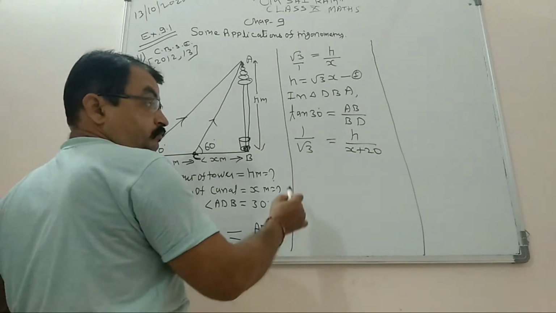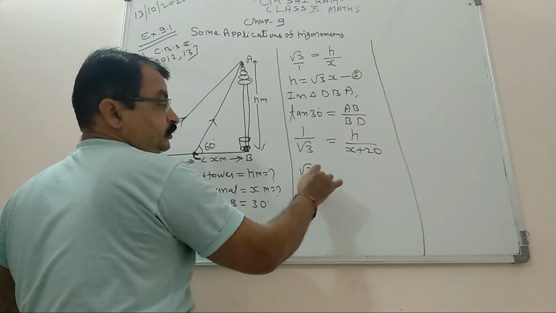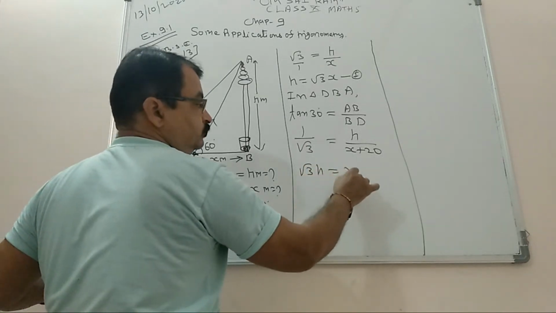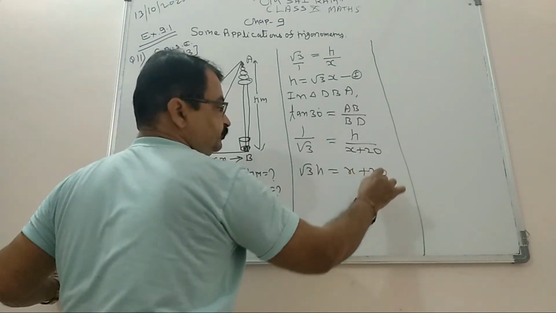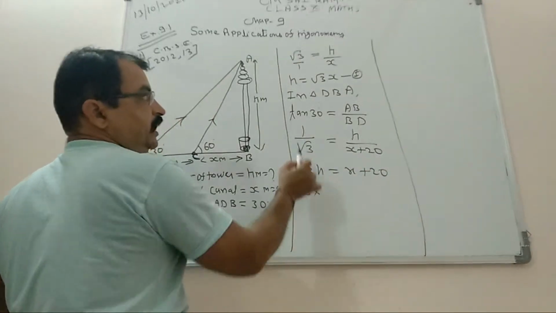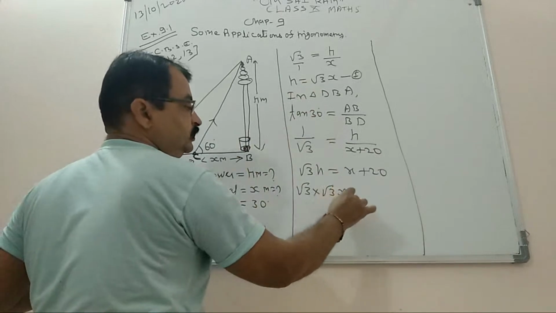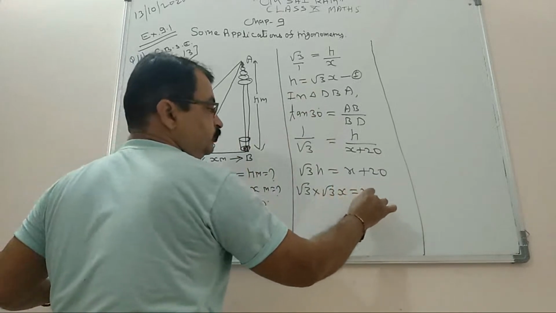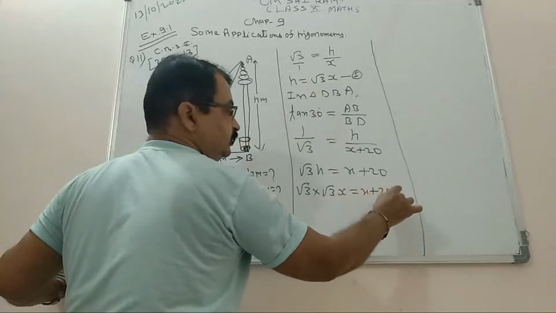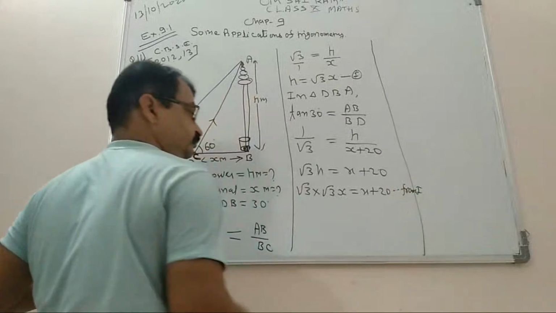Now do the cross multiplication, so what will you get children? Root 3h equal to x plus 20 children. Therefore root 3 of h, see, h value we got in equation 1, it is root 3x only, okay children, equal to x plus 20. You will put the value from where we got it, from equation 1, right?